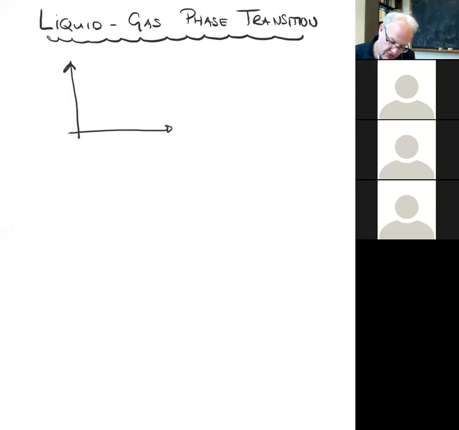There are different ways to draw it, but the way it's typically drawn is as a phase diagram in the pressure temperature plane. So you can think of this as, say, ordinary water, okay? Strictly speaking, it comes in many phases, but roughly speaking, it just comes in 3. There's a solid phase, ice, there's a liquid phase, water, and there's a gas phase. And the phase diagram looks something like this.